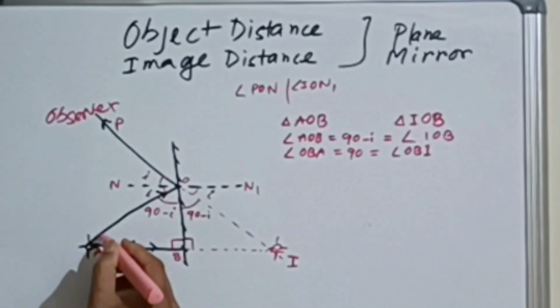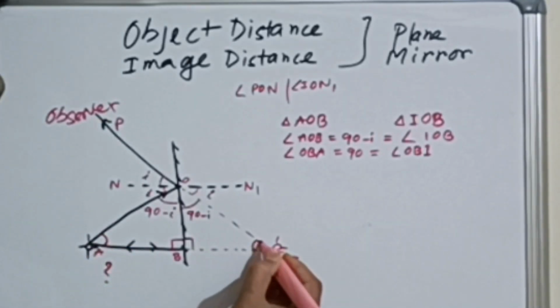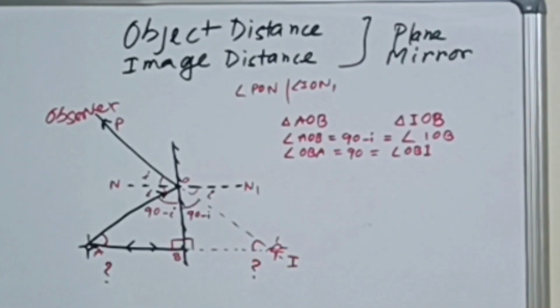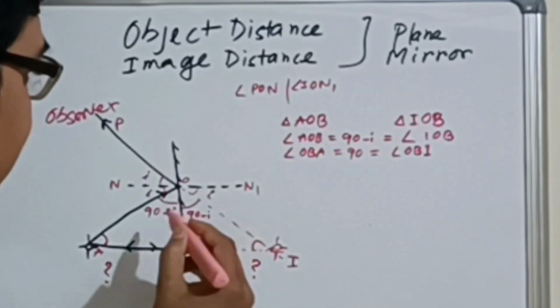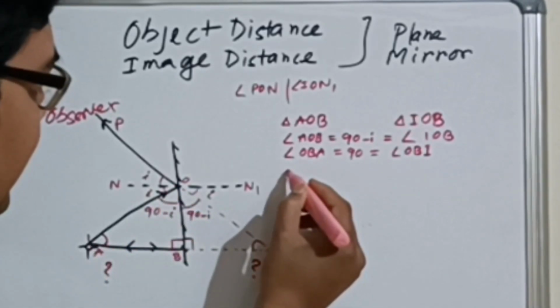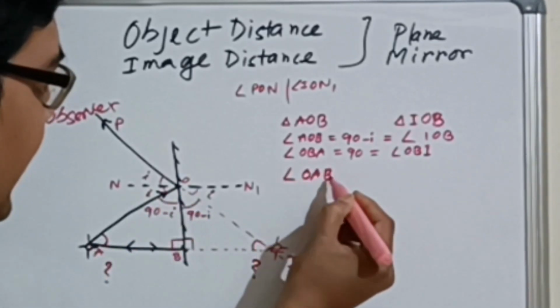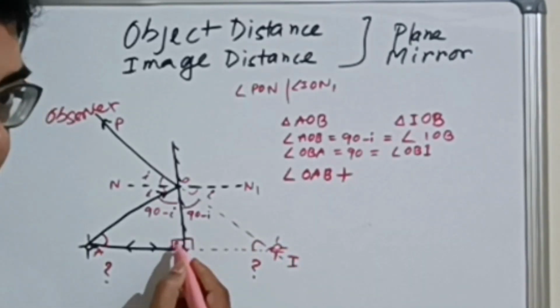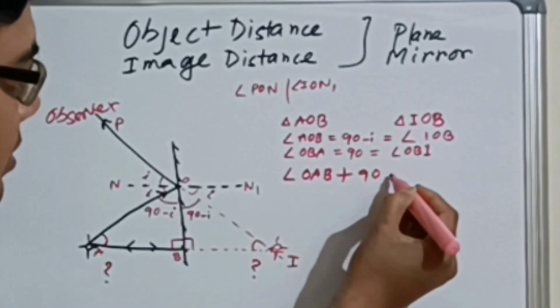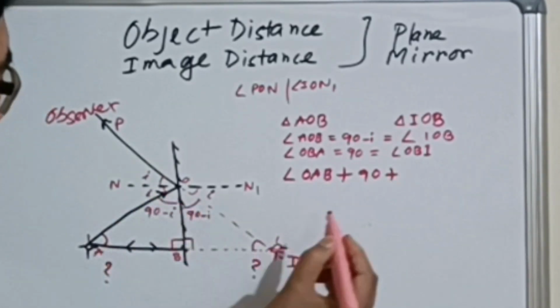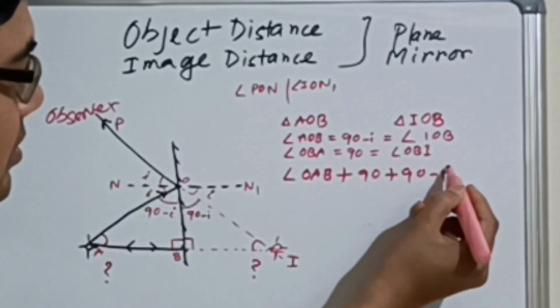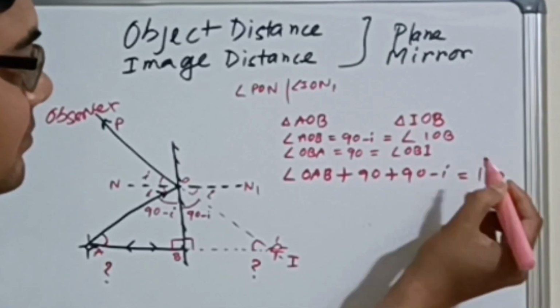What about this angle? And what about this angle? Let us recall the properties of triangles. The sum of angles equals 180 degree. So for triangle AOB, angle OAB plus this angle 90 plus this angle 90 minus I is equal to 180 degree.